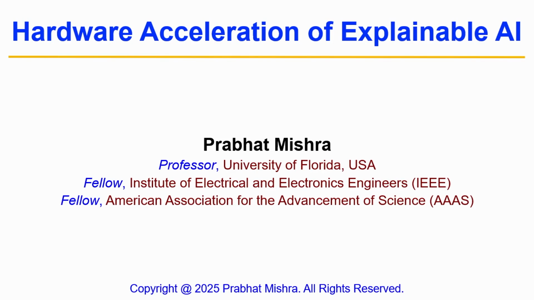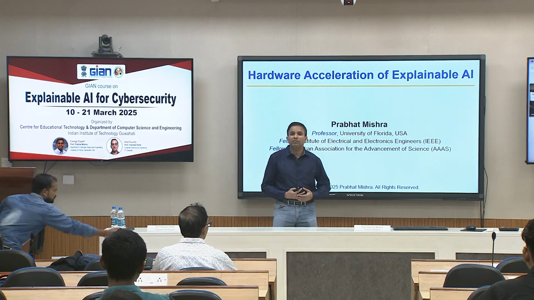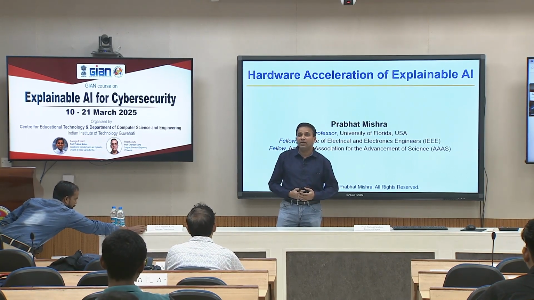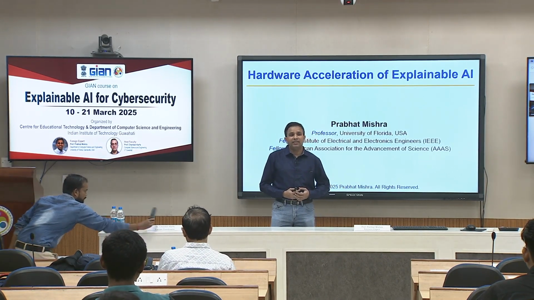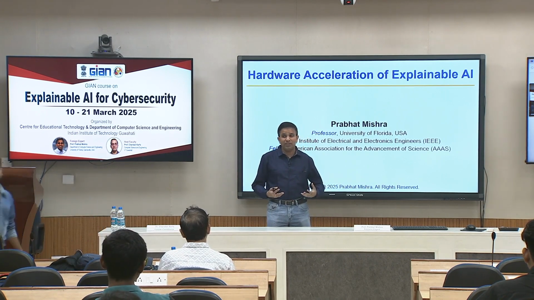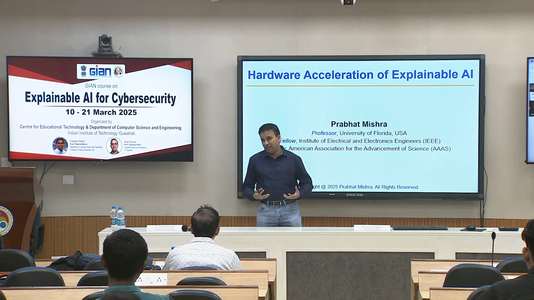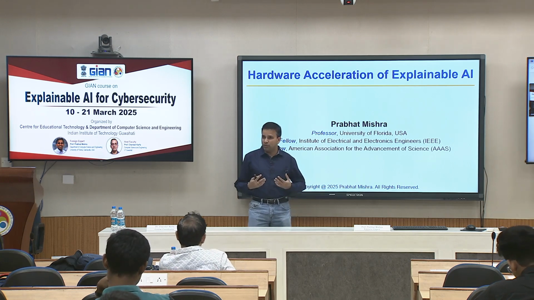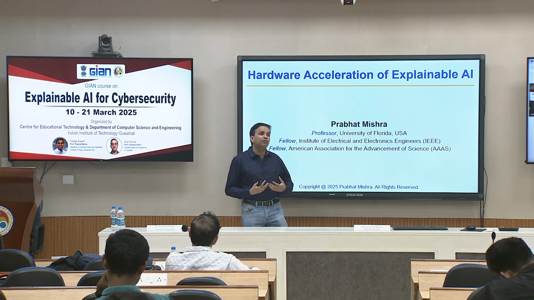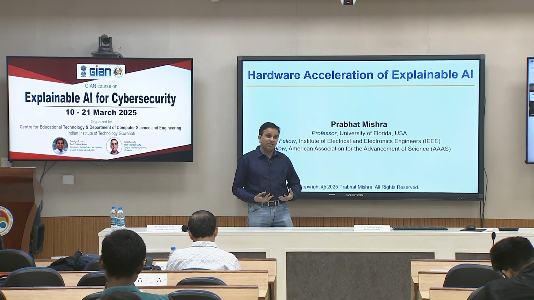So today our focus is on talking about explainable AI. One of the important aspects of explainable AI is that because it is trying to explain something, it has a lot of material in it, and if somebody wants to use it, it is going to take a lot of computing resources.